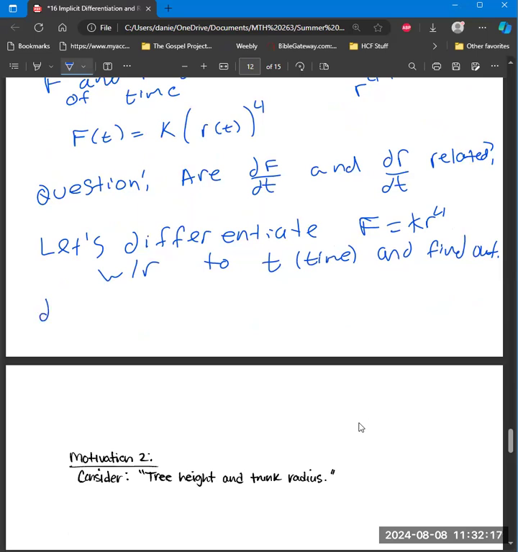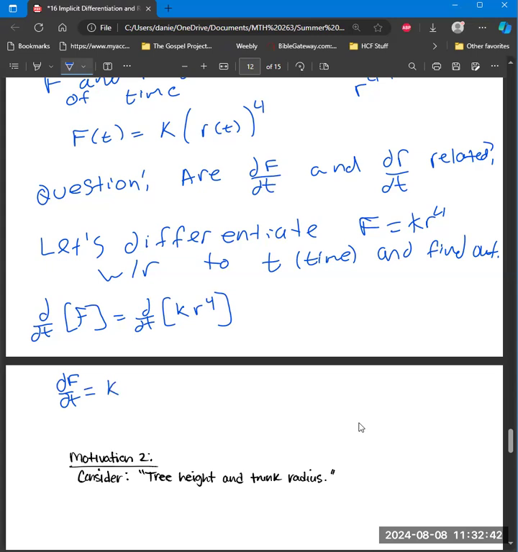The derivative with respect to t of f is equal to the derivative with respect to t of K R to the fourth. So df dt is going to be K, as a constant, just passes through.